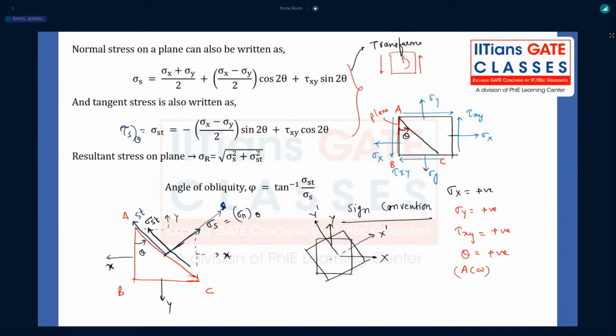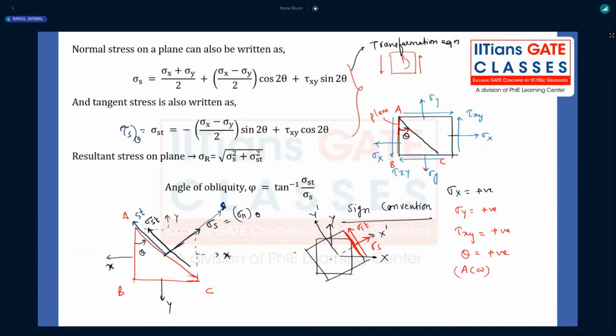But I'm telling you the sign conventions, right? On this plane, my dear friend, if your sigma s is acting like this, that will be positive. And whatever the tau s theta or sigma st is, if it is acting in the same direction as the tilted Y, which becomes Y dash, that will be positive.